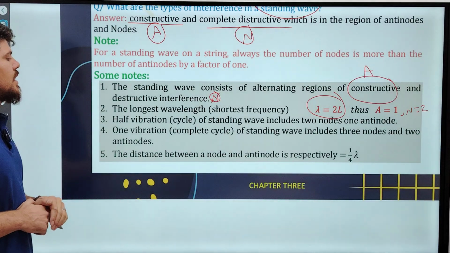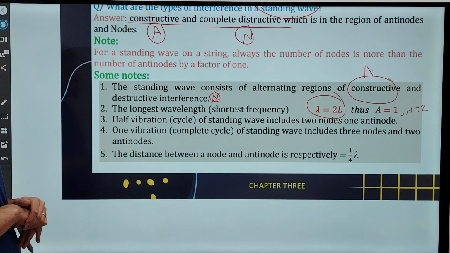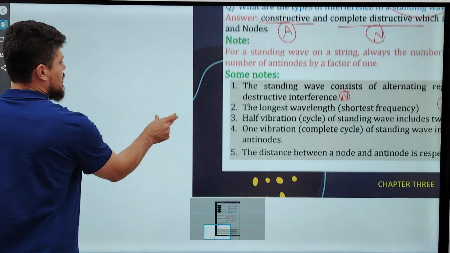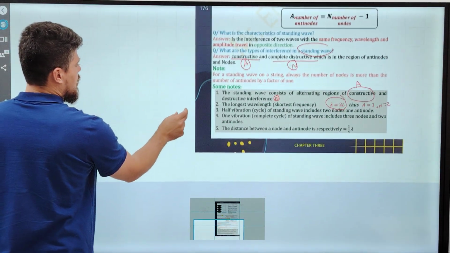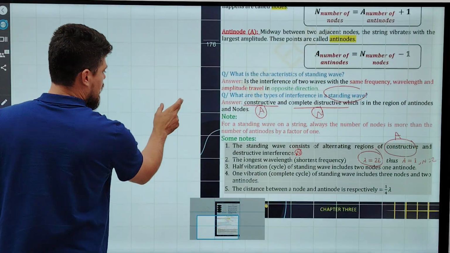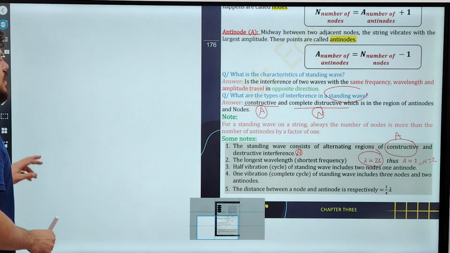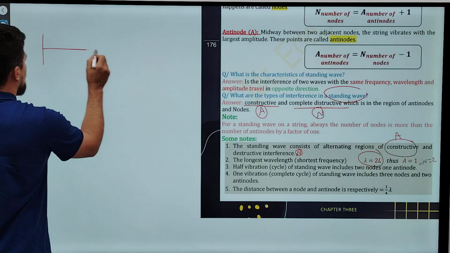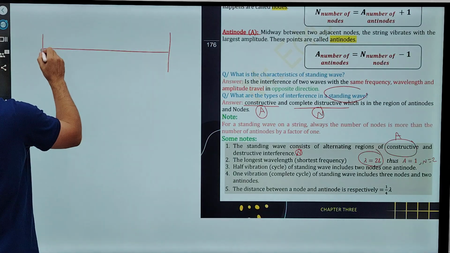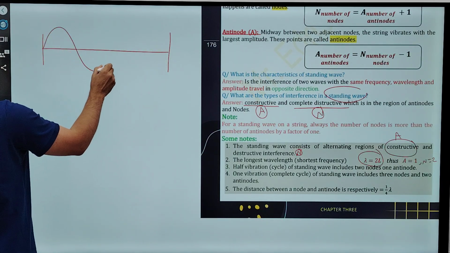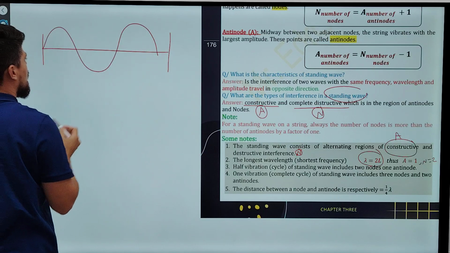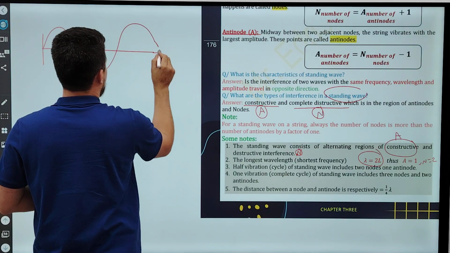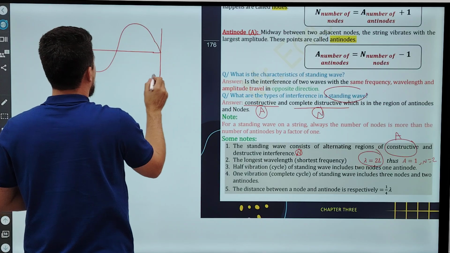The distance between a node and an antinode respectively is equal to 1/4 wavelength. So this is very important. For example, this is a standing wave fixed at both ends.